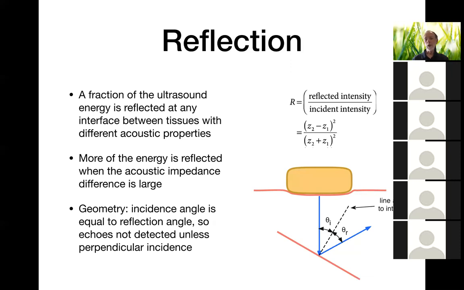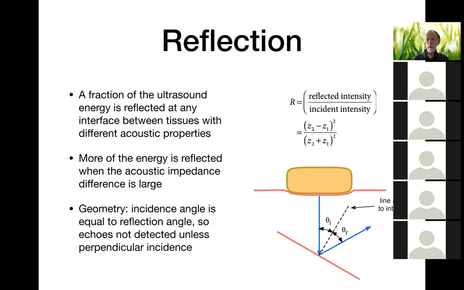I then measure the angle between the incident beam, in other words, the beam coming from the probe, and that's theta with a subscript i. And then I have the reflected angle, theta r, which is the angle between the reference line and the reflected beam. And the rule with reflection is very, very simple. Those two angles are equal.